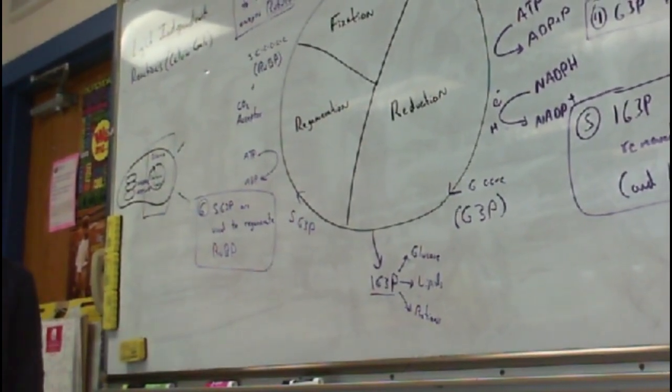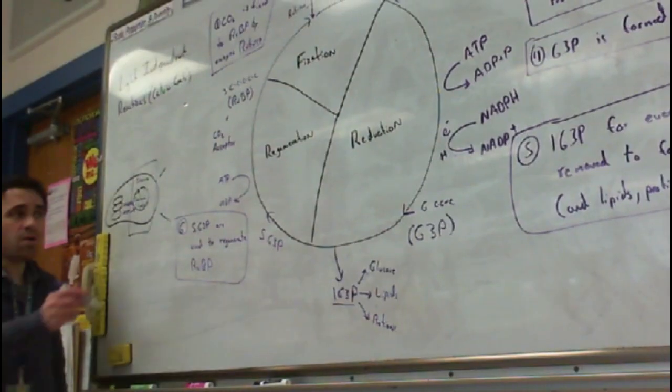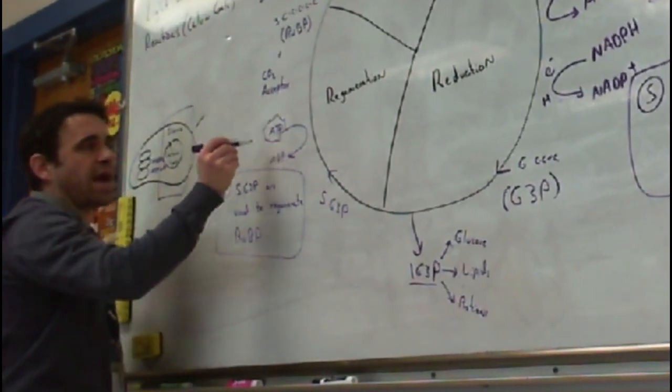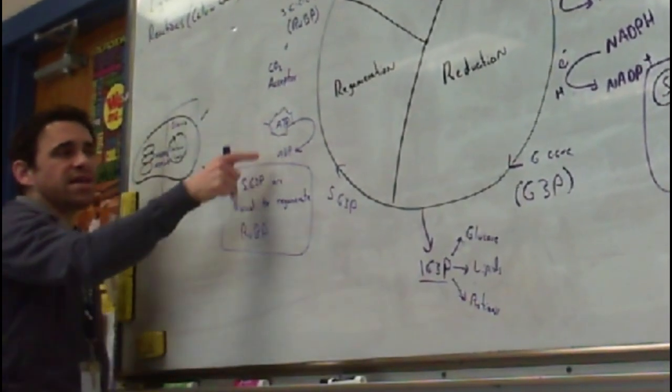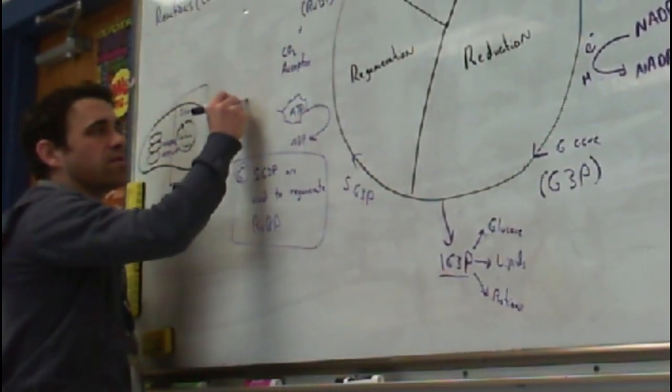And that's pretty much the reactions of the Calvin cycle as far as we need to go into them. One thing I like to note, even though it's not totally accurate, is I like to say that this extra little ATP at the end is from cyclic flow.